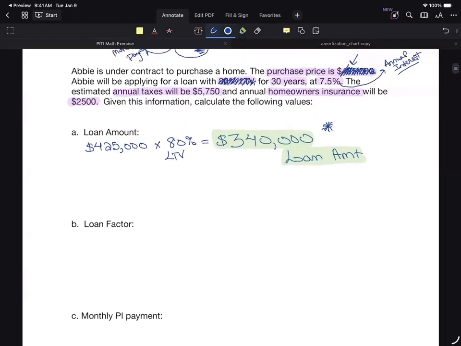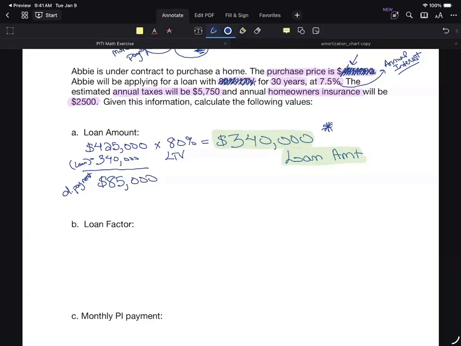No, the remaining 20%, so if your purchase price is 425 and you're getting a loan for 340, when you subtract, that would be your down payment. So if I do 425 subtract 340, that's going to give me $85,000. So it would be a down payment of $85,000.